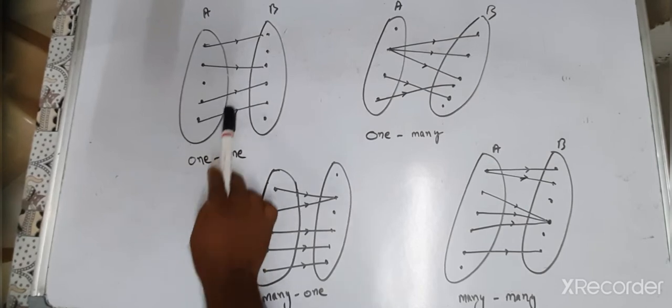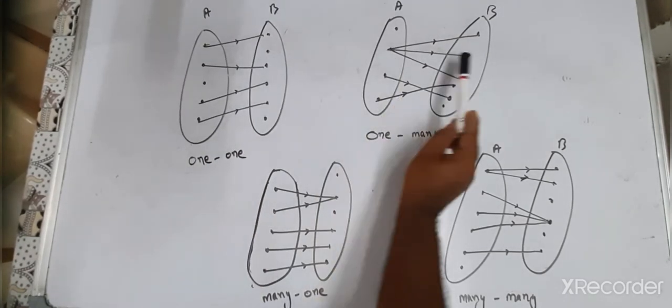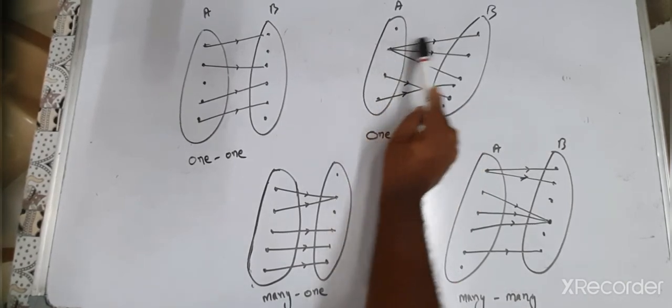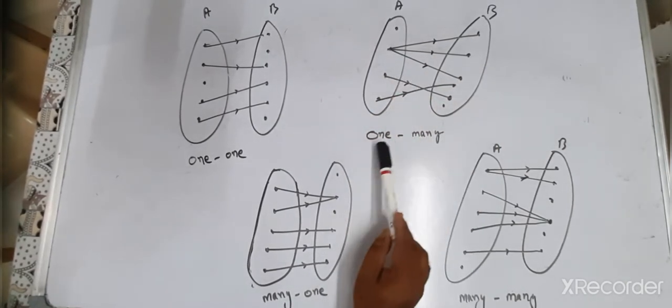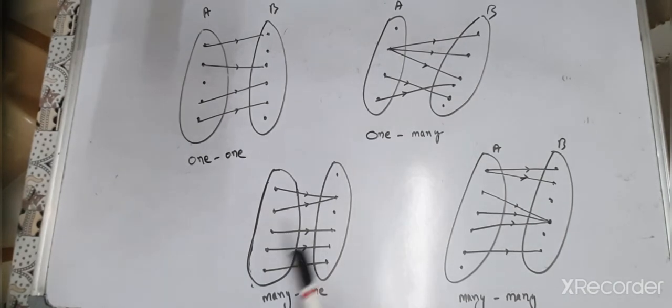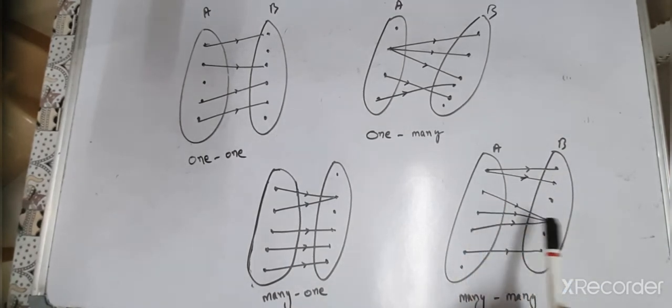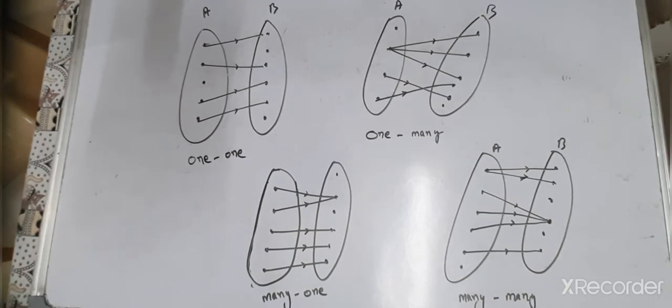So this is called 1 type. Here you see 1 is related with many, so 1 is related with many or 1. This is called one many relation. Here you see many is related with 1, and here many is related with 1 and 1 is related with many. So this is called a many type relation.